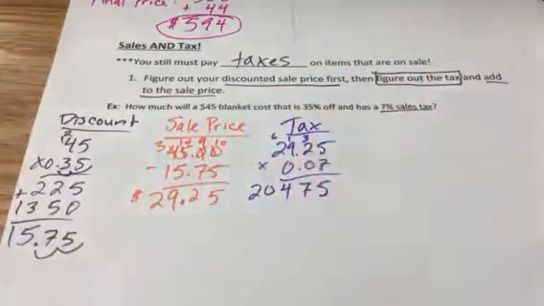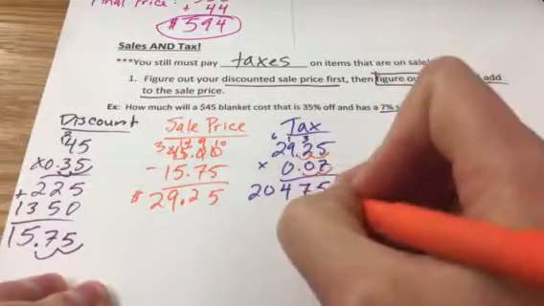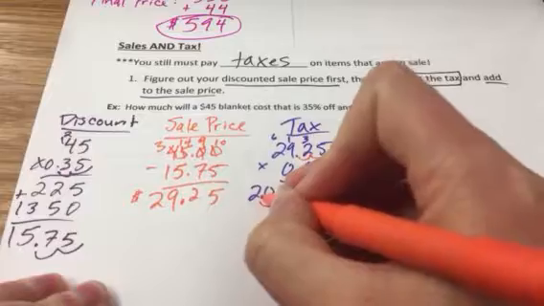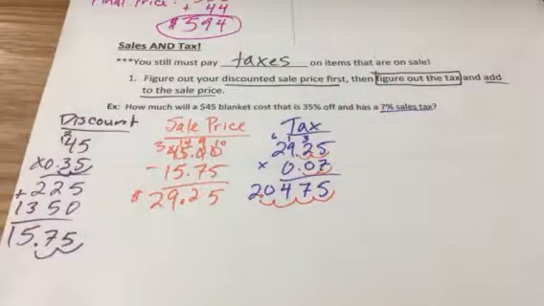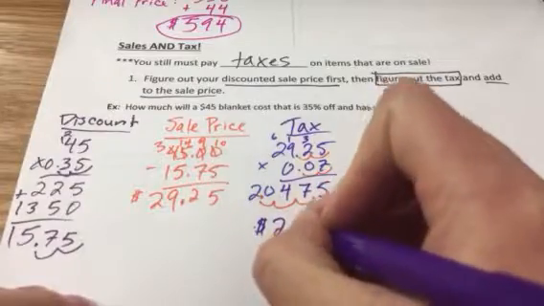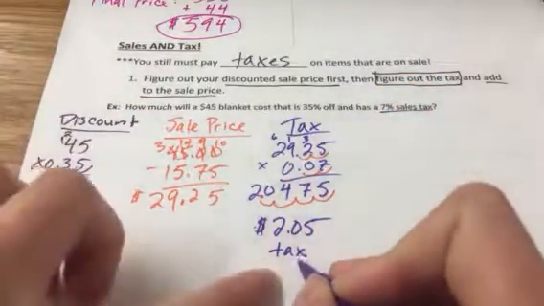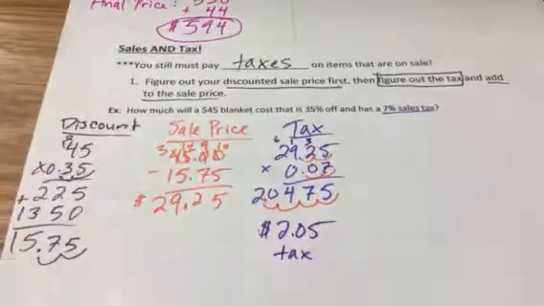I have a total of 1, 2, 3, 4 decimal places. So let's round to the nearest cent. So I'm looking at paying $2.05 for my tax.